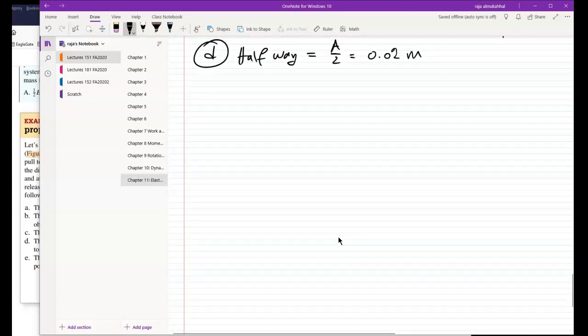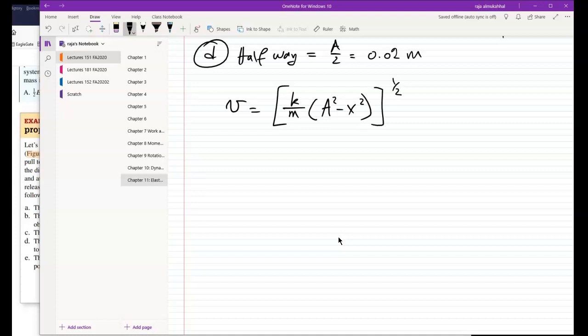The formula is equal to k over m times A squared minus x squared under the root, which I'm just going to put to the power of 1/2 like that. And all I need to do is plug it in.